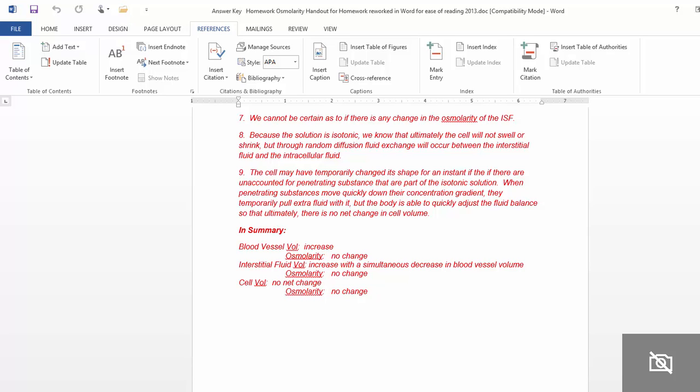So it went up because you infused fluid into the bloodstream, and then as some of that fluid moved from the bloodstream into the interstitium, then the volume of the interstitium went up, but the volume in the blood vessel went down. Osmolarity, no change, because we just don't know. And then in the cell, there was no net change. That's it. Okay? That is, again, the simplest form that I can give you.